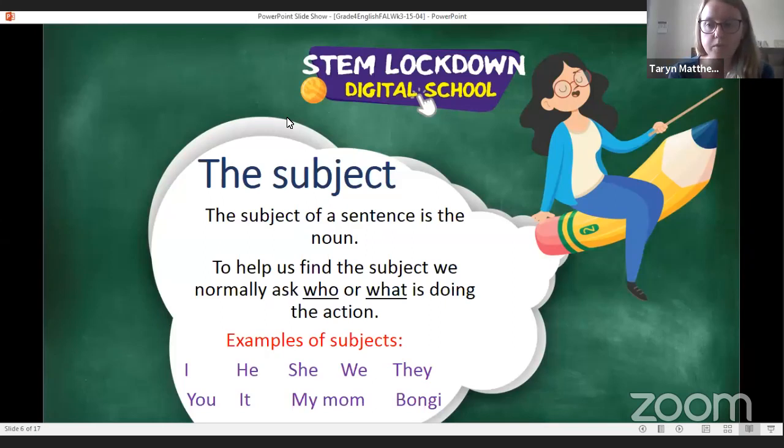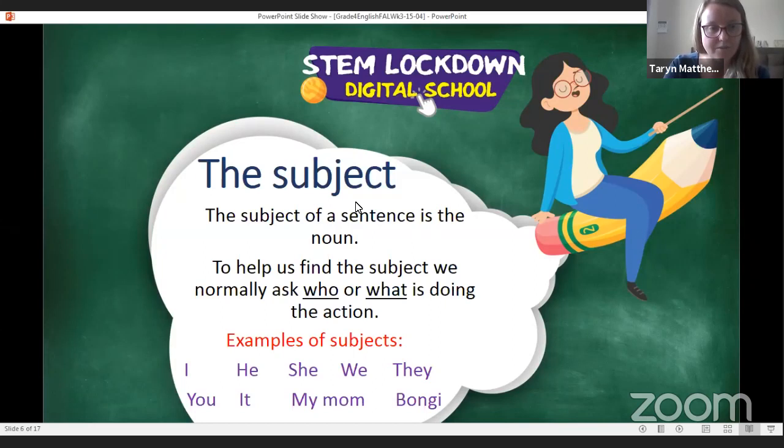So some examples that you'll find with subjects in a sentence, we've got I, he, she, we, they, you, it, my mom, and even Bongi. So it can be a person's name. So you can also say my dad, my brother, my sister.